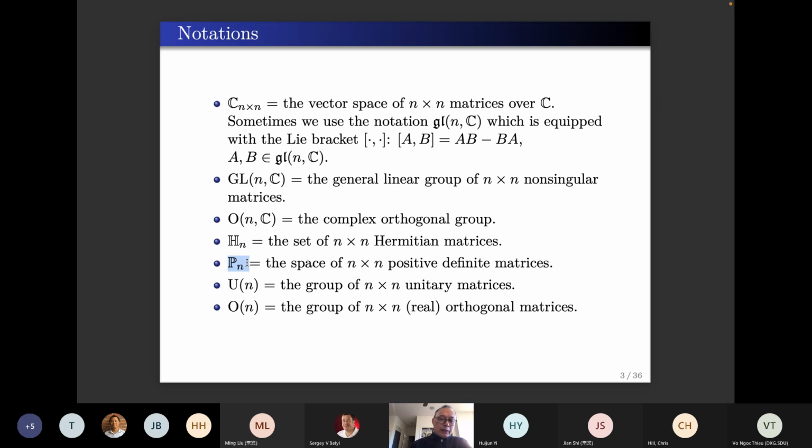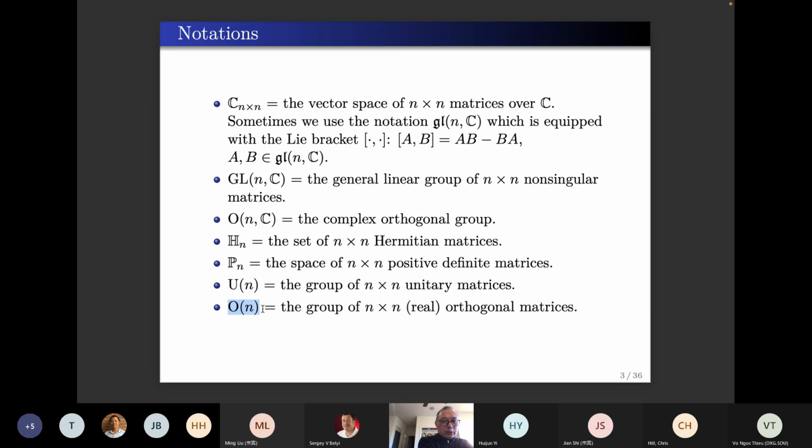All right. And U_n is the group of all n by n unitary matrices. And O_n is the group of n by n orthogonal matrices. Whenever we say orthogonal, it means real orthogonal, right?